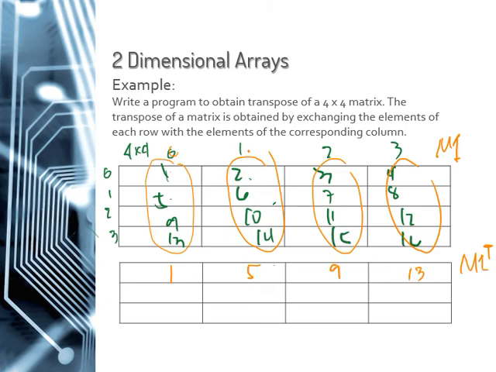Tapos, ang kaning nasa column 1 mabutang sa row 1. So, this will become 2, 6, 10, and 14. And then this one will become 3, 7, 11, and 15. And then next is 4, 8, 12, and 16. Ing ana ang transposition. Bali, ibali niya ang column ug ang row.